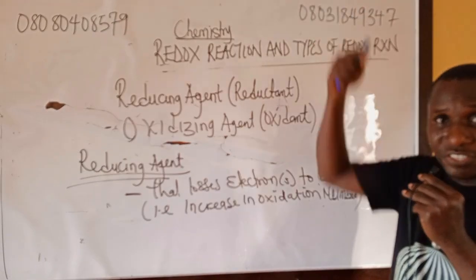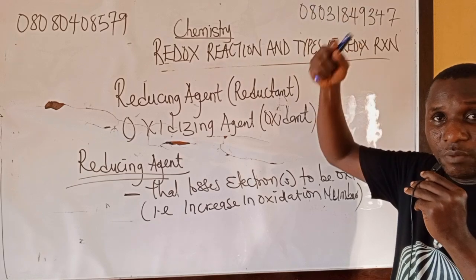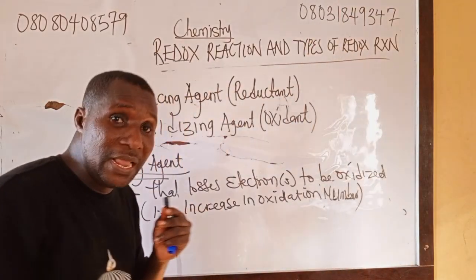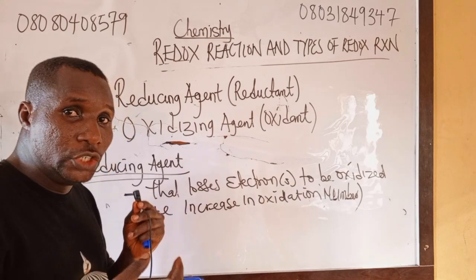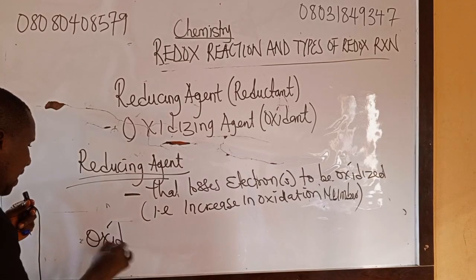When it loses electron, it increases in oxidation number. That means oxidized. They are mainly metals. Metals are typical examples of reducing agents.